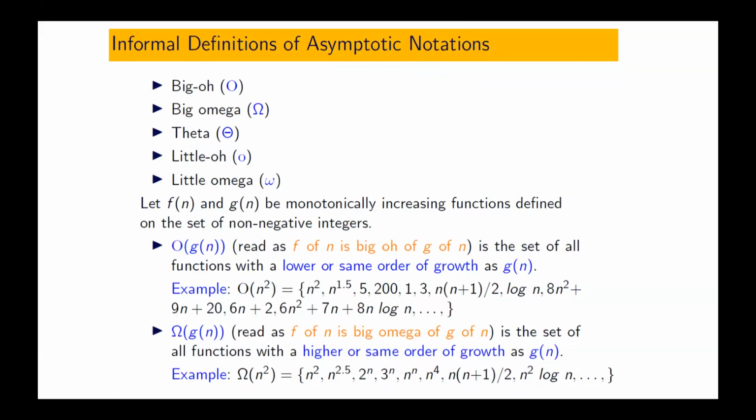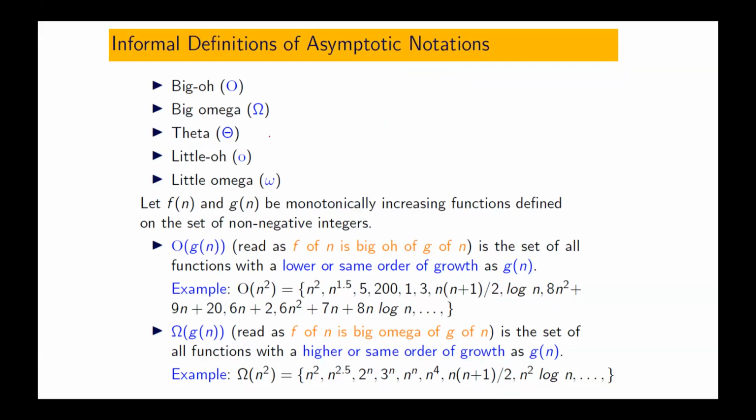First, we try to understand what is big O. Okay.